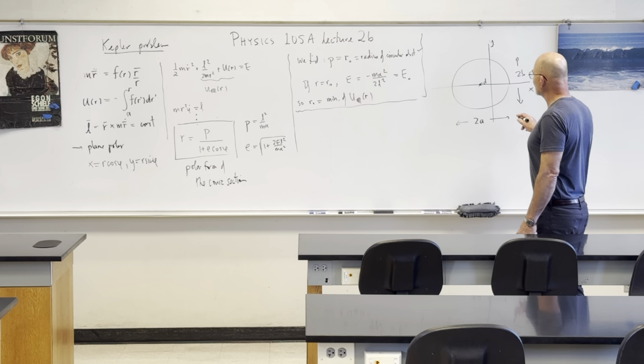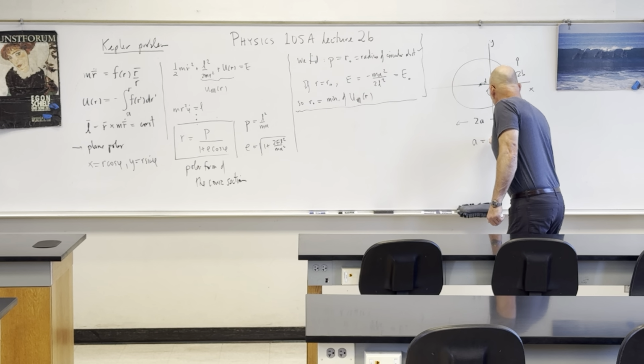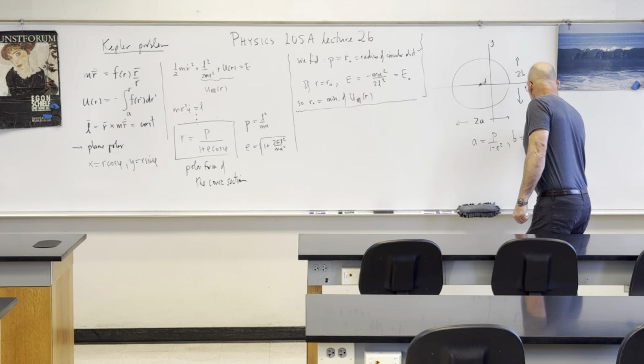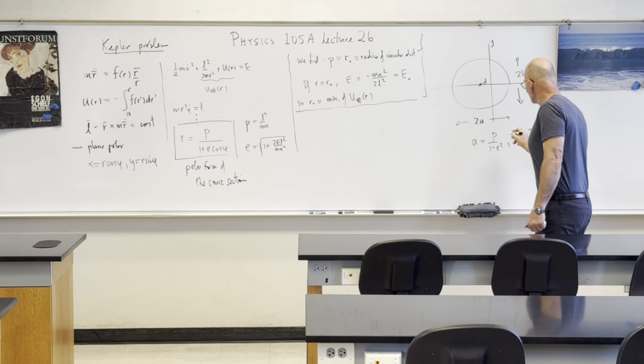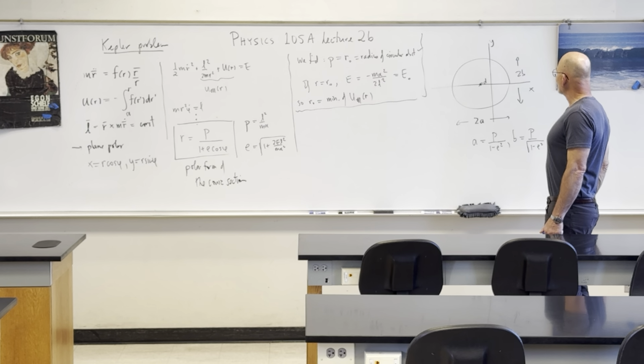So let's remind ourselves, what are these quantities? So A is P over 1 minus E squared. B is P over root 1 minus E squared.